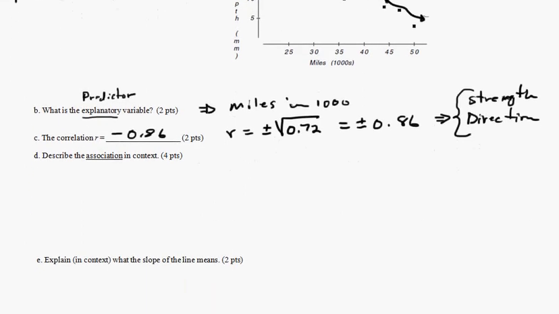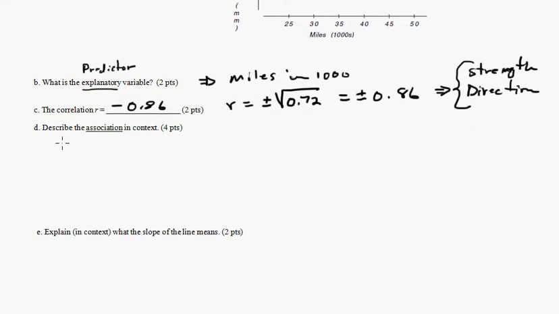Think about the model. Okay, so describe the association. So you got to write this out based on the scatter plot. We see, and you got to do 4 things here.